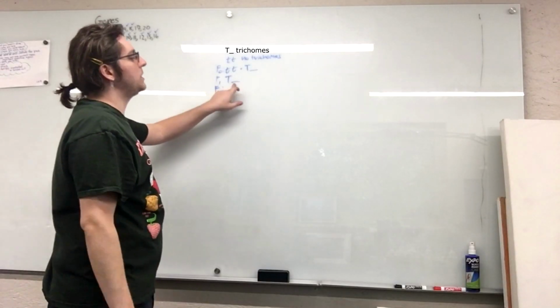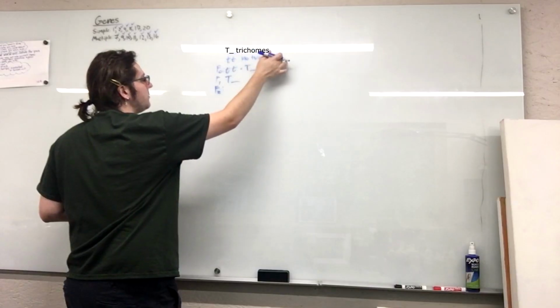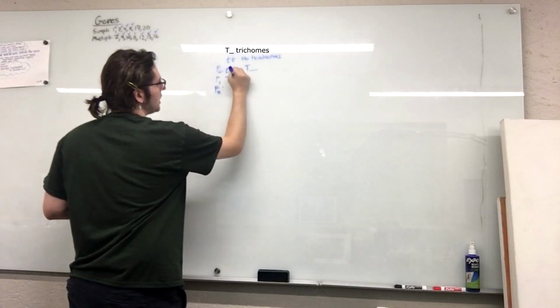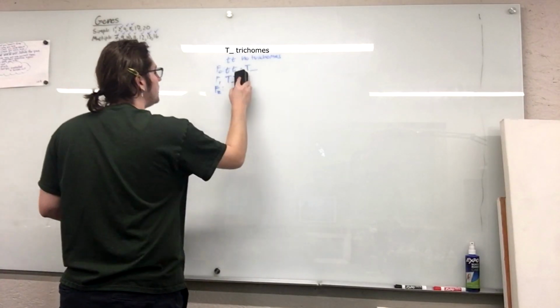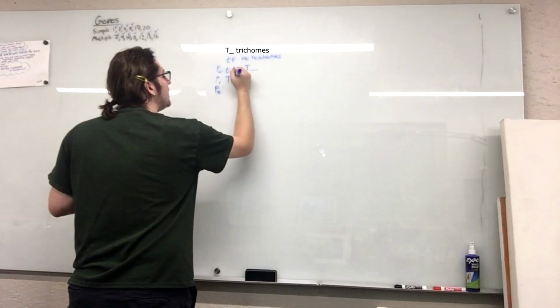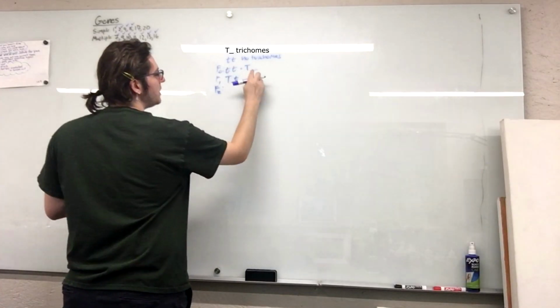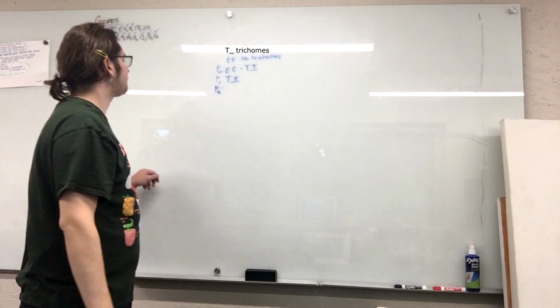So if this was selfed, would it be possible to get recessive and dominant phenotypes if this was like this? No, it wouldn't. So we know that this individual has to be heterozygous, which means that this individual, our wild type, was homozygous dominant.